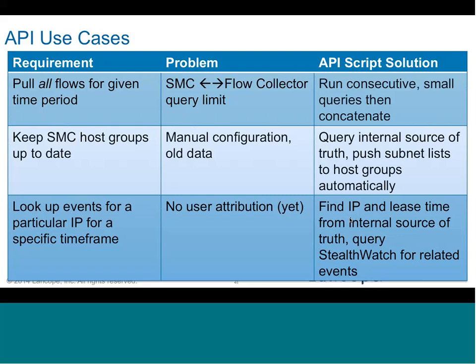So we looked at the API, and structured it so we run smaller consecutive queries that fall well beneath the per query limit, and then concatenate them together. This is something we've talked to Lancope about, extending what that limit is. But here's a way that we were able to do that pretty quickly, and still have all the deduplication and everything else that Lancope affords us.